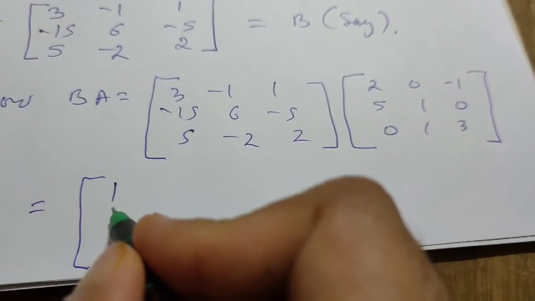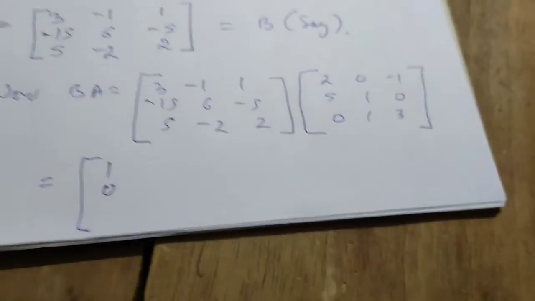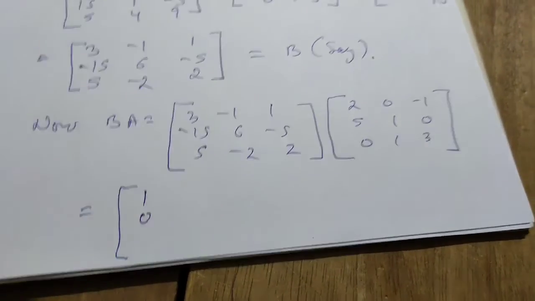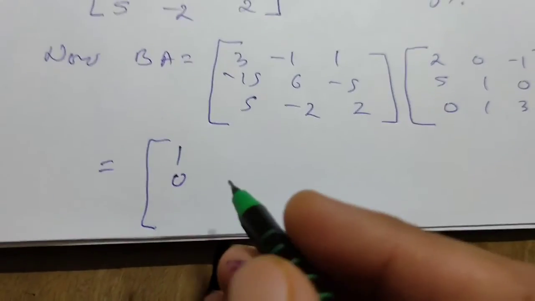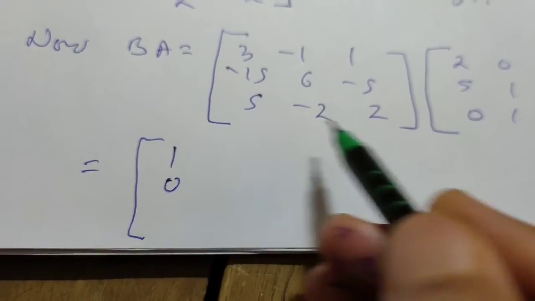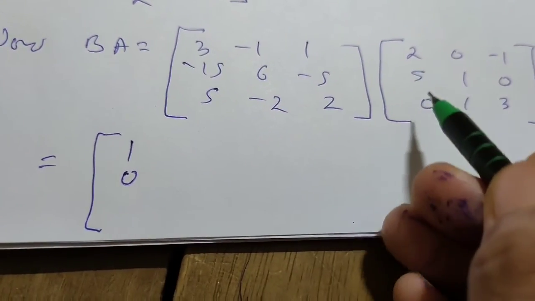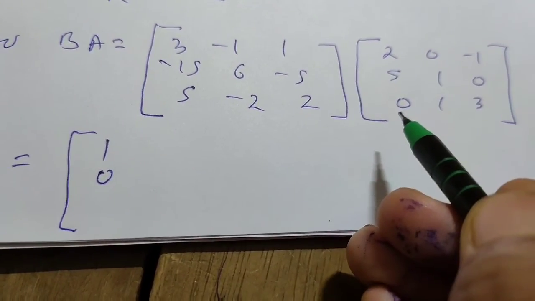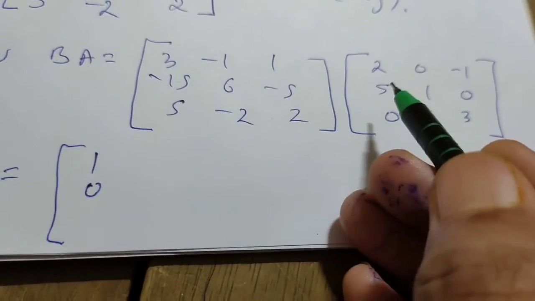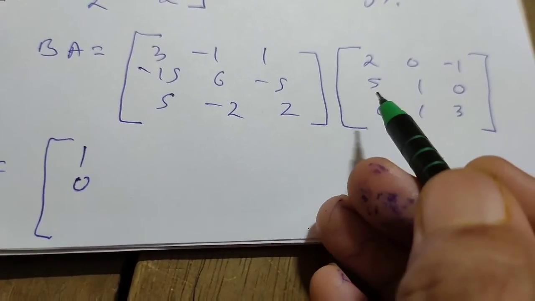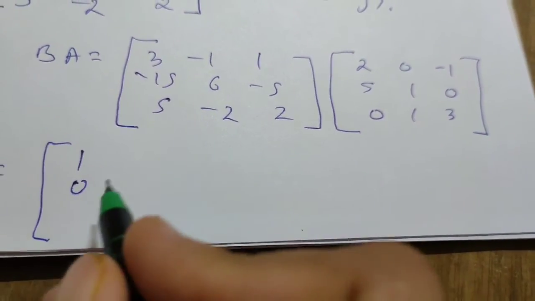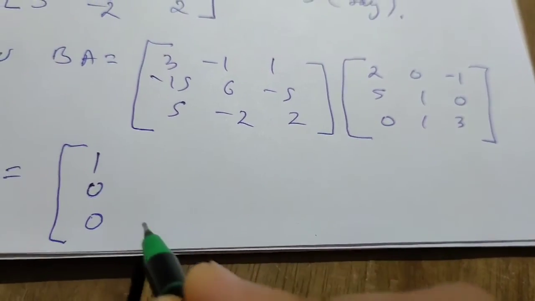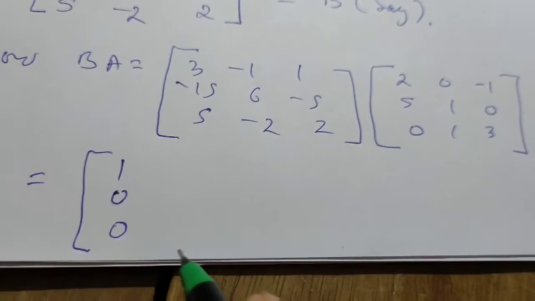So minus 30 plus 30 gives us 0. Similarly, for the third entry of column 1, multiplying R3 with column 1: 5 into 2 is 10, minus 2 into 5 is minus 10, and 2 into 0 is 0. So 10 minus 10 is 0. So column 1 is complete.